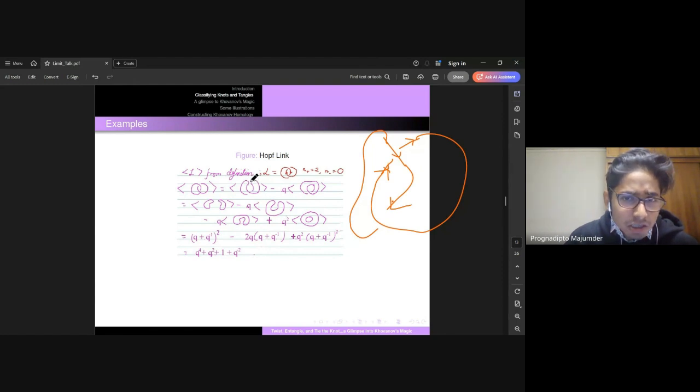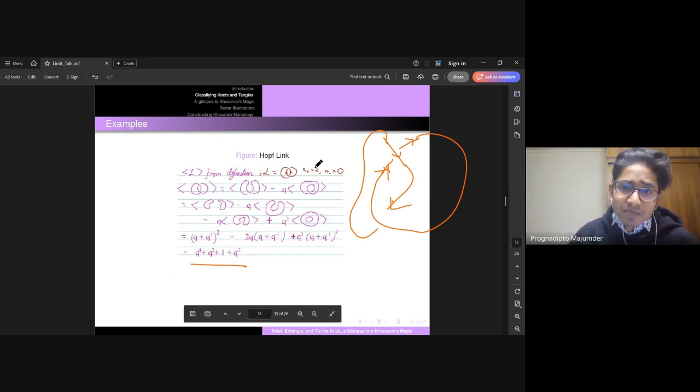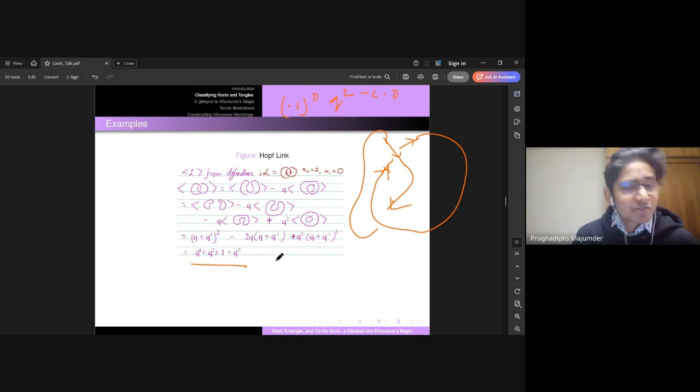So here you resolve, and you get the rest of the diagram. Resolving once more, you get something like q to the power 4 plus q squared plus 1 plus q to the power minus 2. You multiply it by q squared, because it's q to the power n plus minus twice n minus, which is 0, and (-1) to the power n minus, so that's 1. You multiply by q squared to get our definition of the Jones polynomial.